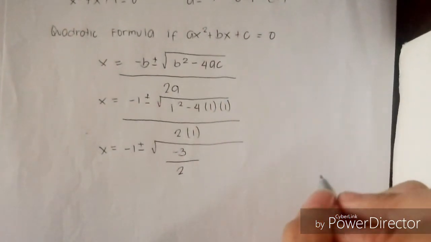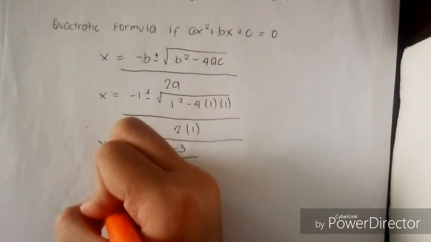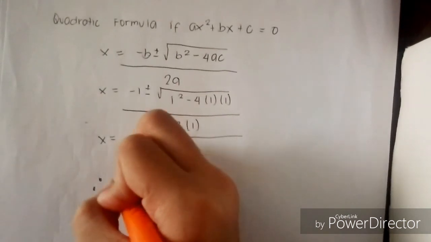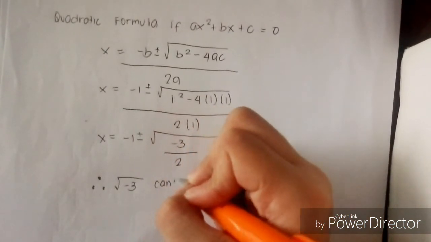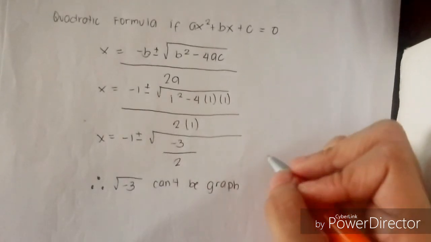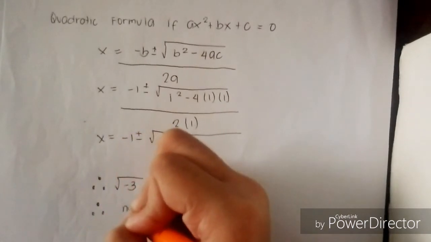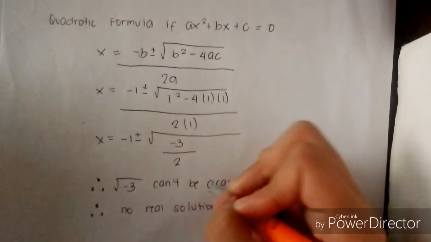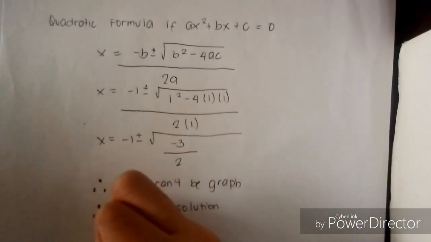Therefore, the square root of negative 3 can't be graphed. No real solution. Or therefore, no solutions.